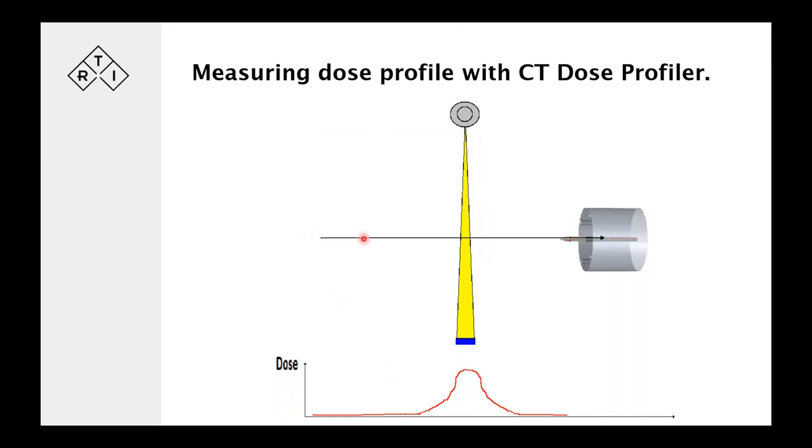If we know the speed of travel through the beam, we can then recreate the shape of the dose profile inside the phantom. And when we do, we realize that this is actually the integral of dose inside the phantom from -infinity all the way through zero up until +infinity.